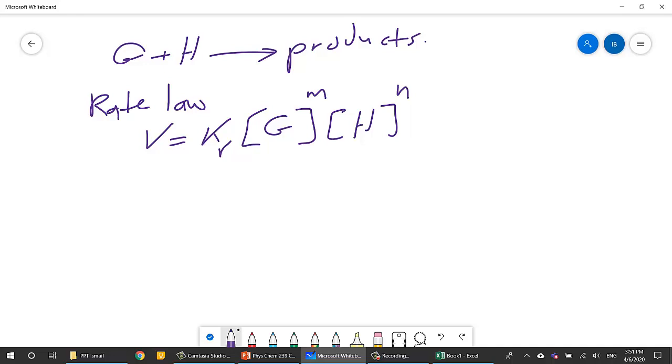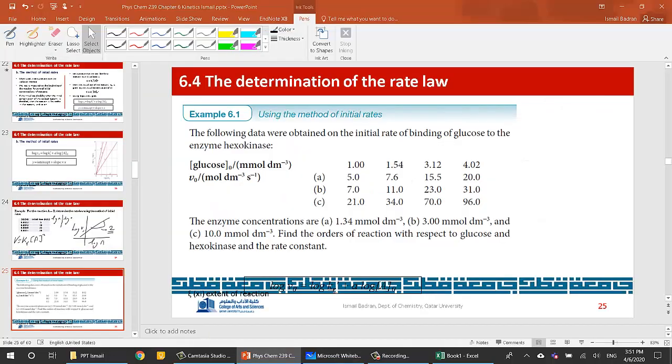Now let's use the isolation method to apply the method of initial rates to find the order for glucose first, and then I'm going to show you how to find it for the enzyme. So let's focus only on the first experiment, A, where we have a fixed concentration of the enzyme, but we are changing the concentrations of the glucose.